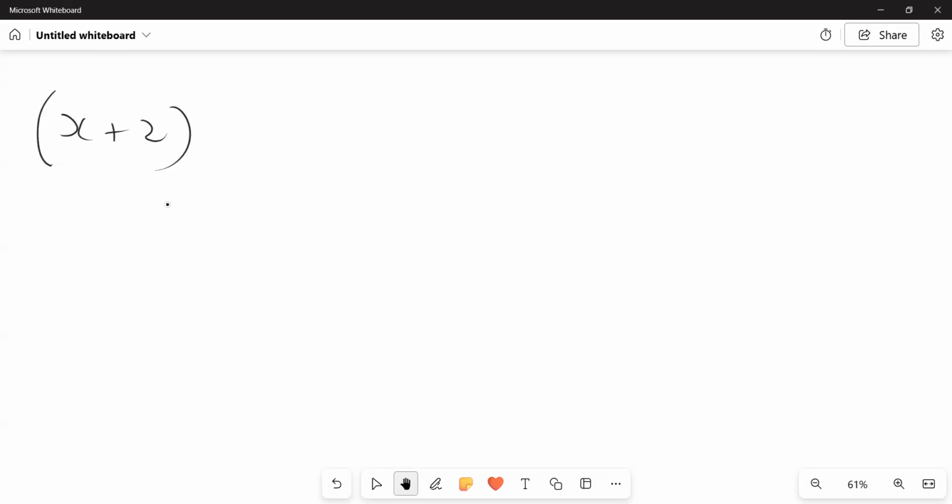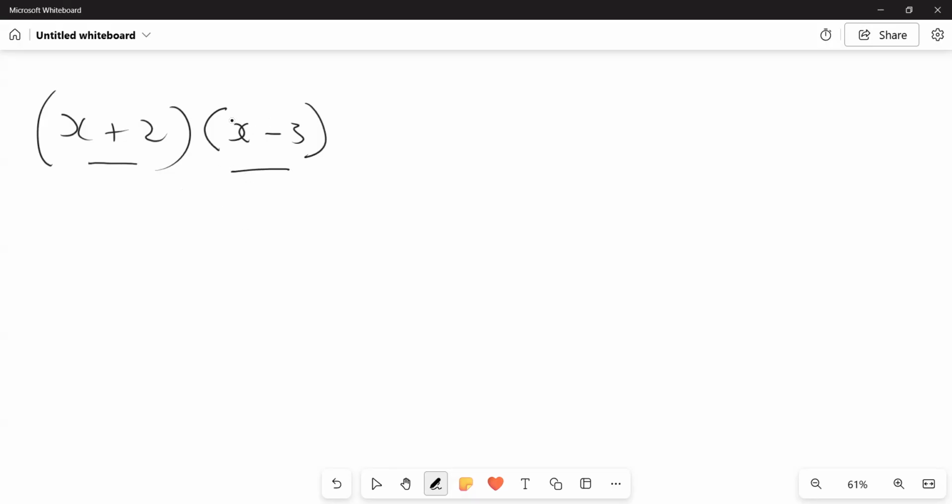If it had 3 terms, you would call it a trinomial. Let's take another one, x minus 3. So this is a binomial, and this is a binomial.